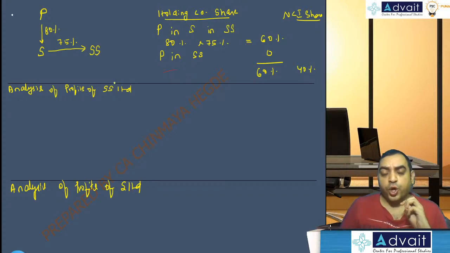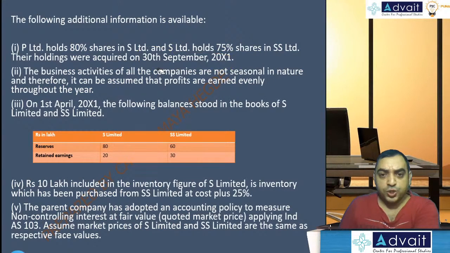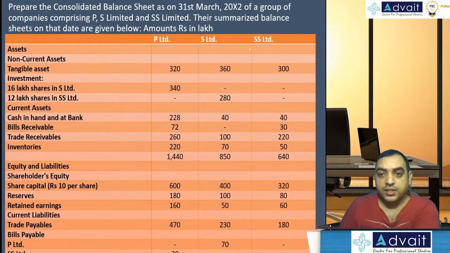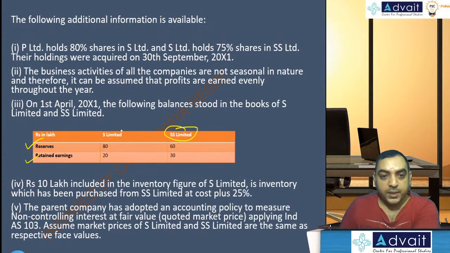Now, what do we do? What are the profits you have? Let us do SS Limited reserves and retained earnings. Let us concentrate on the SS Limited balance sheet. What is the reserves, my dear friends? Reserves in the balance sheet is 80. We'll divide this into two parts: one is opening balance and the other is current year. What was the opening balance?